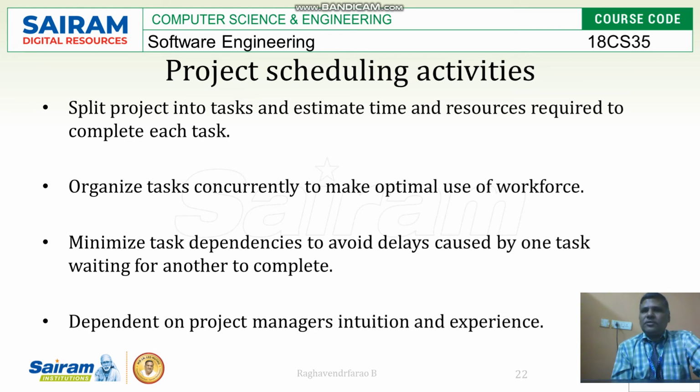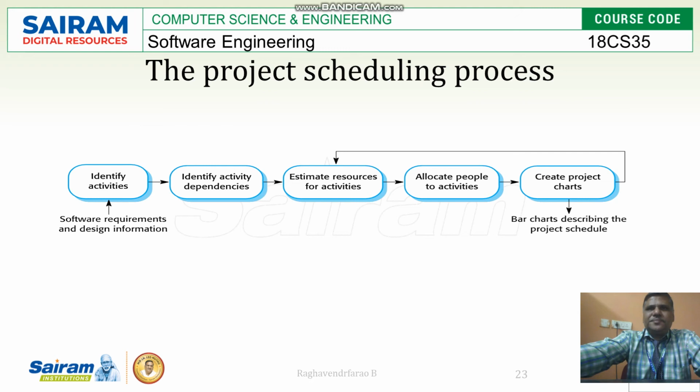Then it depends on project managers. Basically, experienced people will be working on such projects. They will decide which module is not dependent, so that it can be started, and so concurrently all the project modules are going to get started with the workforce.